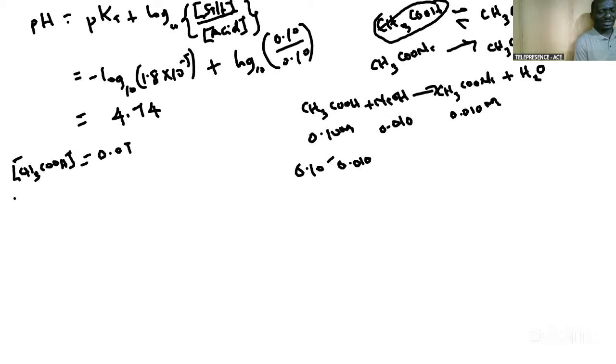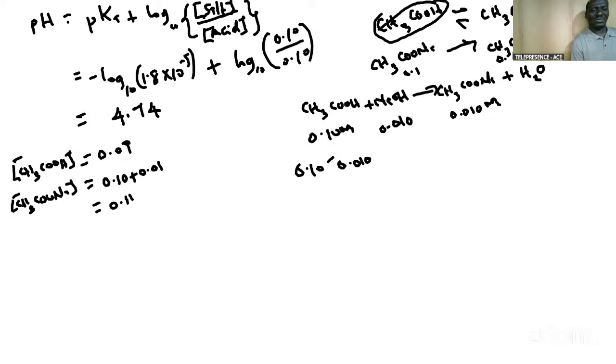And the salt, sodium acetate, will be equal to 0.1 plus 0.01, and that will be equal to 0.11.